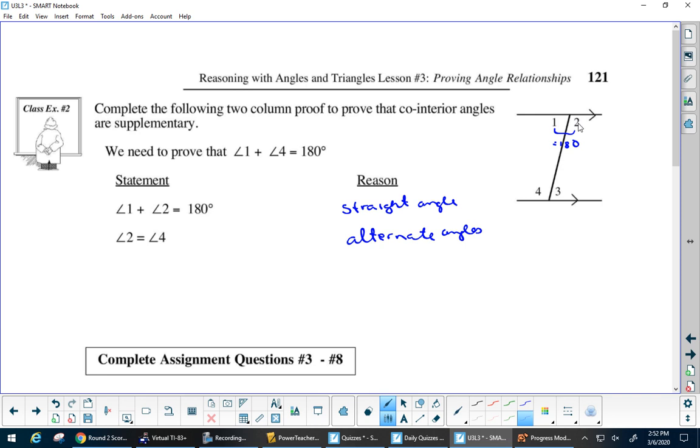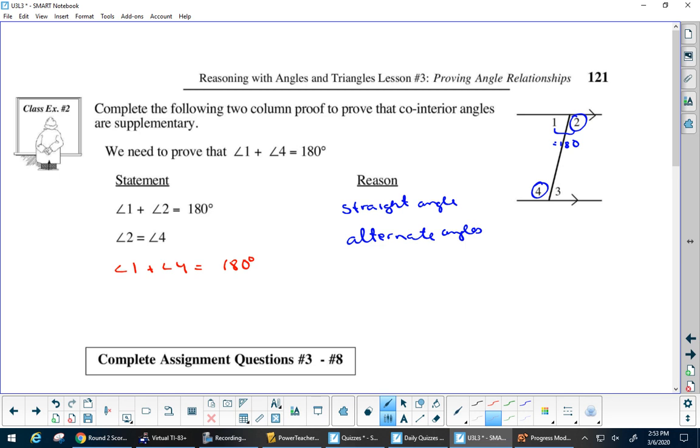So if 1 and 2 equal 180, and angle 2 equals angle 4, we can say angle 1 plus angle 4 must equal 180.